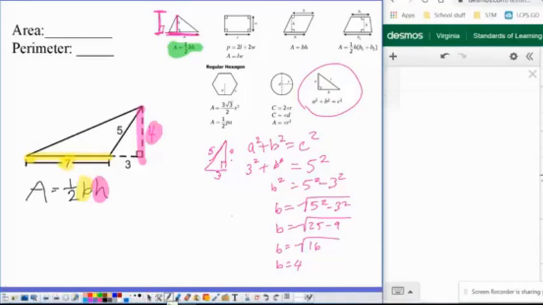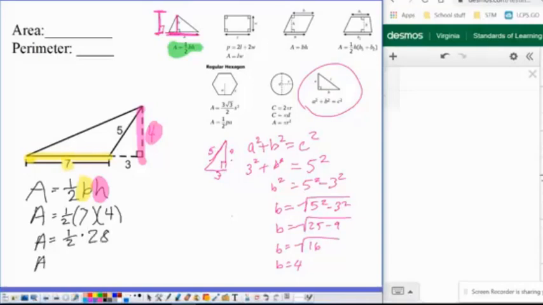So now I can put the 7 and the 4 into my formula, and the area is going to be equal to 1/2 of the base, 7, times the height, 4. So once I put those inside parentheses, then I can multiply, and 1/2 of 7 times 4, which is 28.